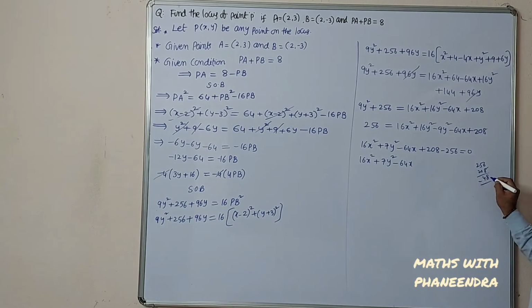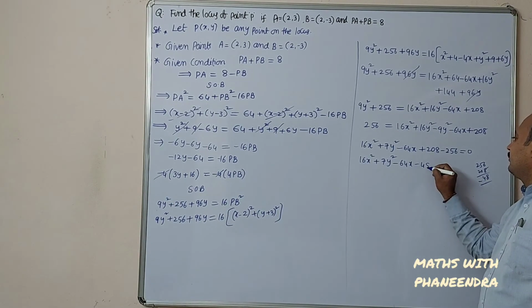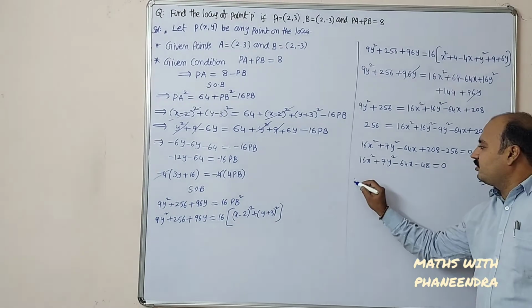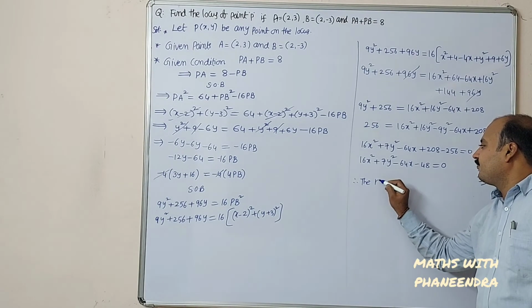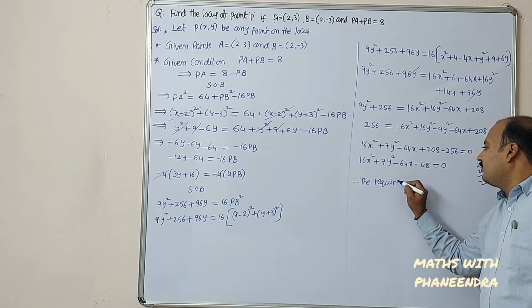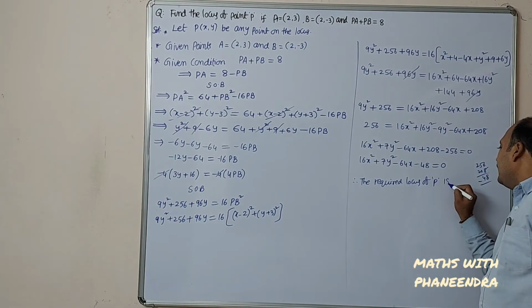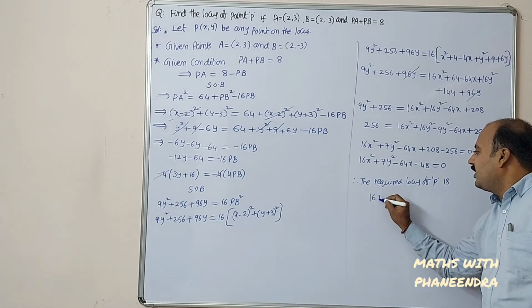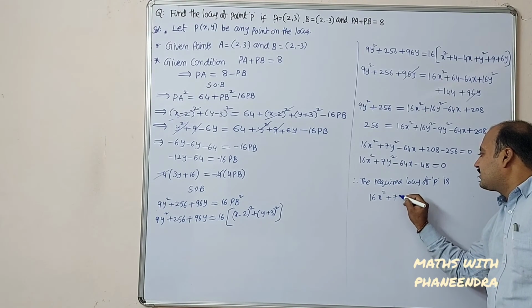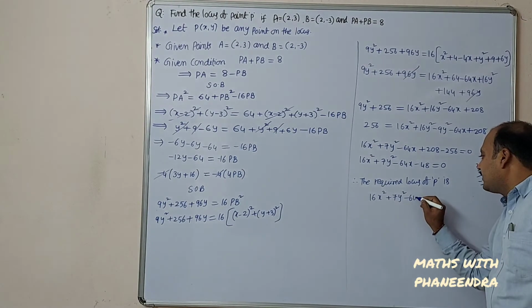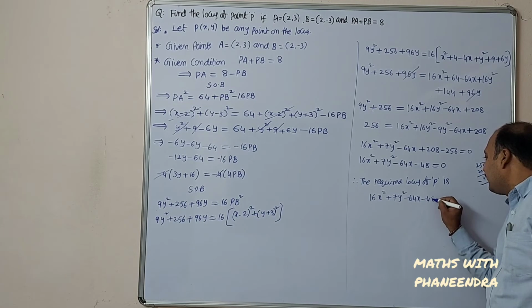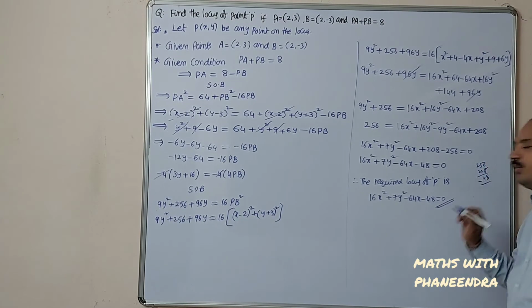So minus 48. Therefore the required locus of P is 16x square plus 7y square minus 64x minus 48 equal to 0.